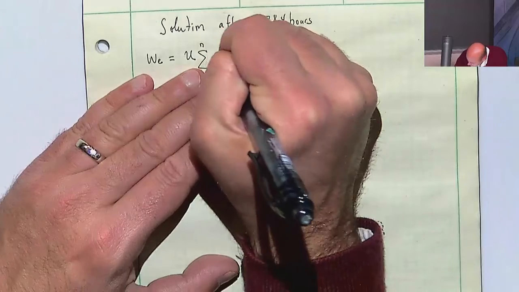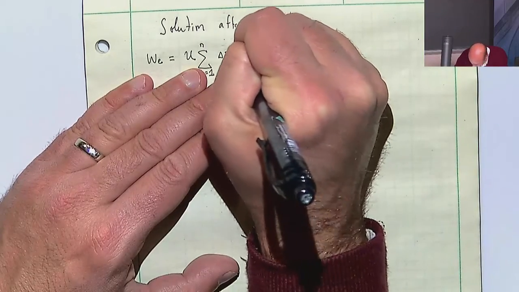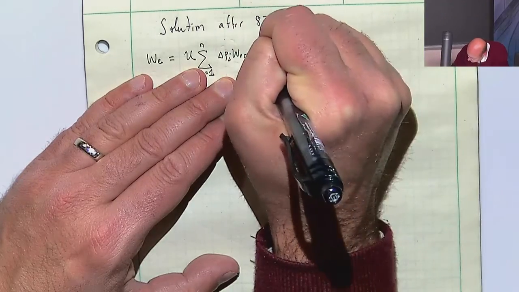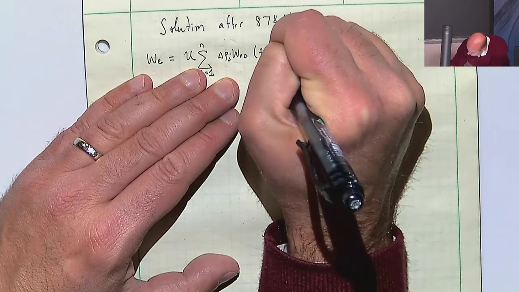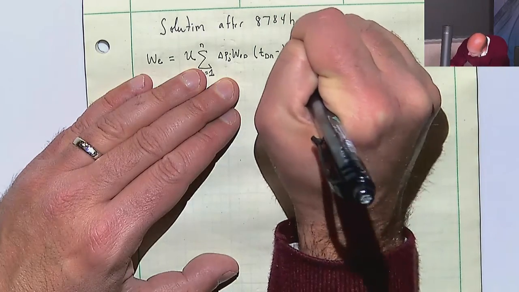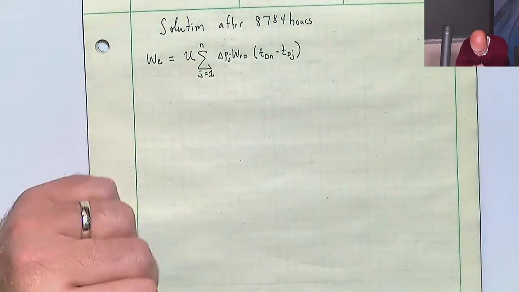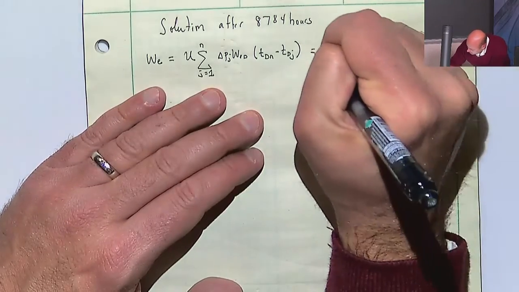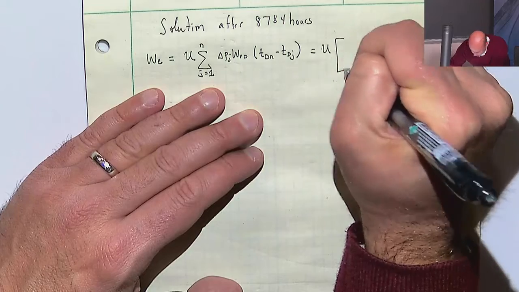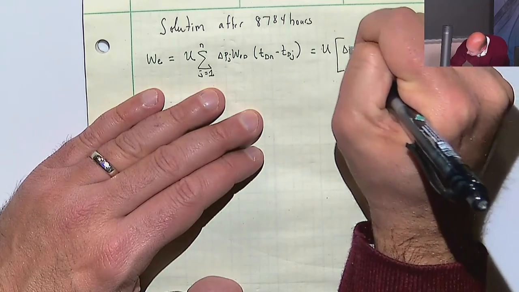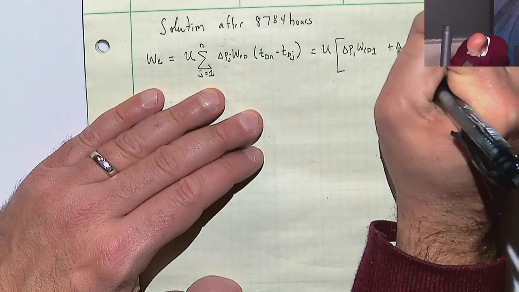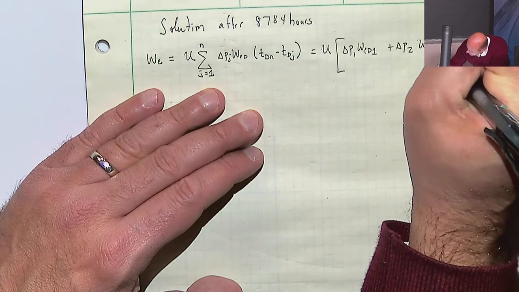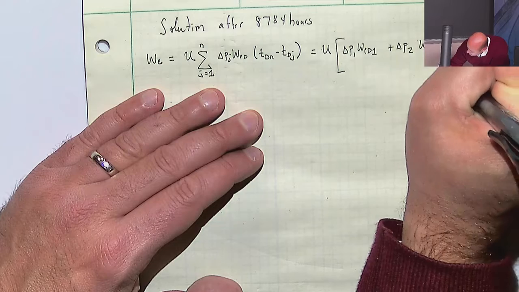So times delta Pj times WED of, not multiplied by, but of TD N minus TDJ, where these are dimensionless times. And if we've only got 2 times, we could write that as delta P1 times WED1 plus delta P2 times WED2.